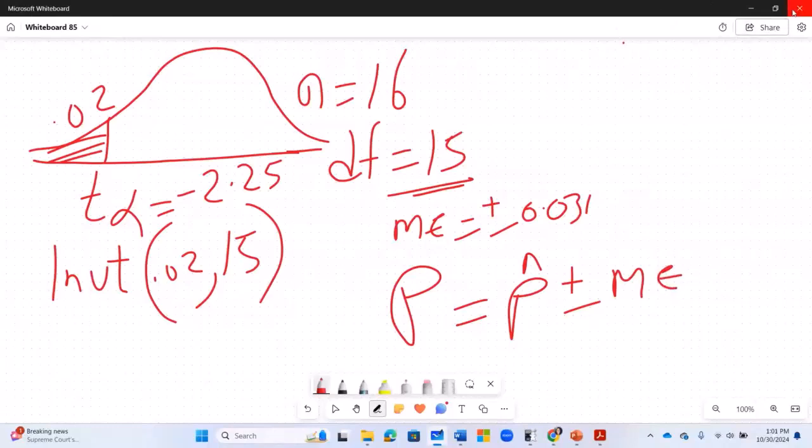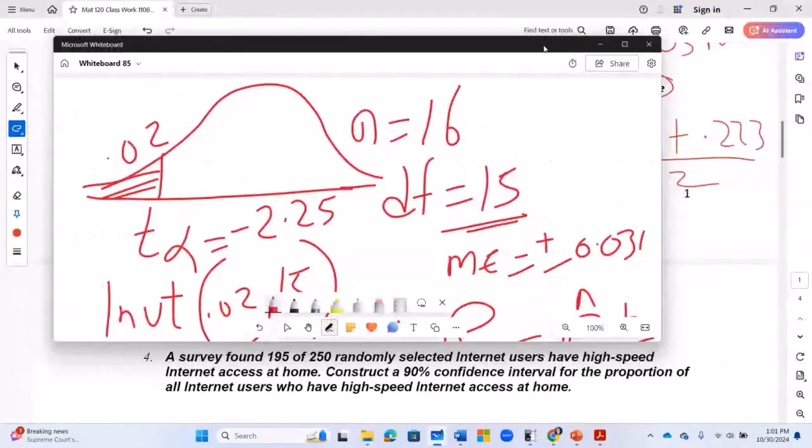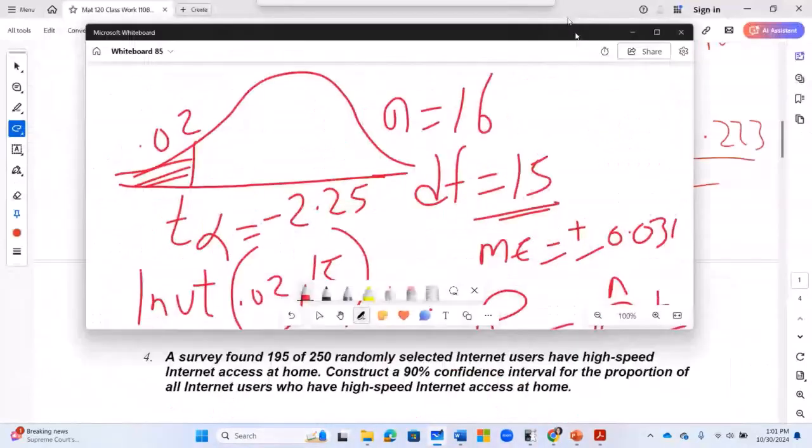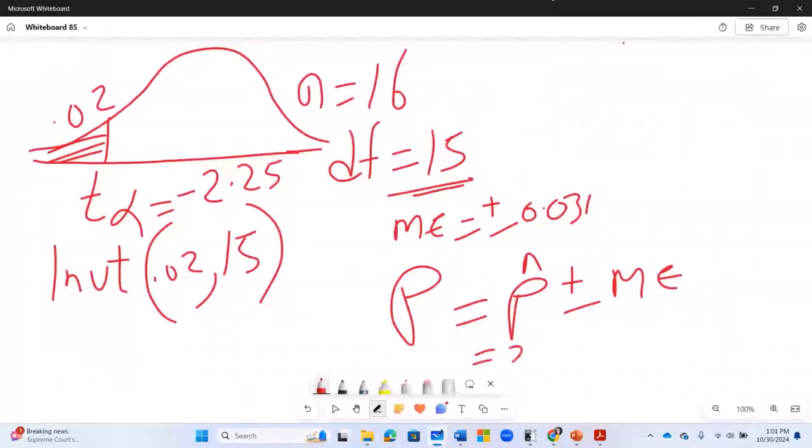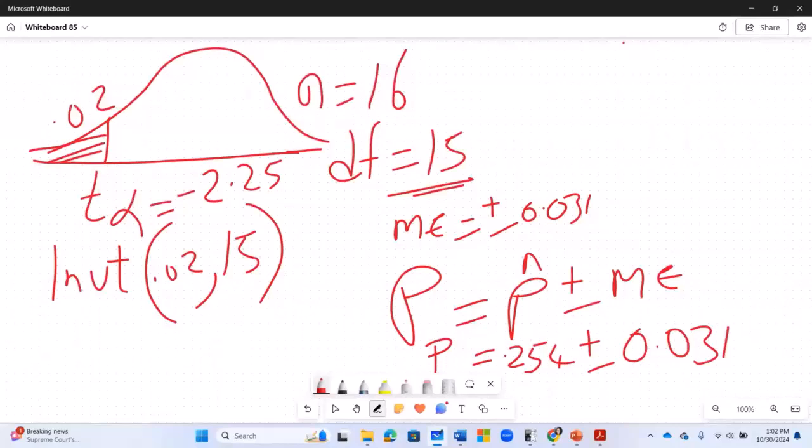The point estimate is 0.254, plus or minus 0.031. Therefore, I don't know where the population proportion is, but with 90% confidence, I can find it between 0.254 plus or minus 0.031.